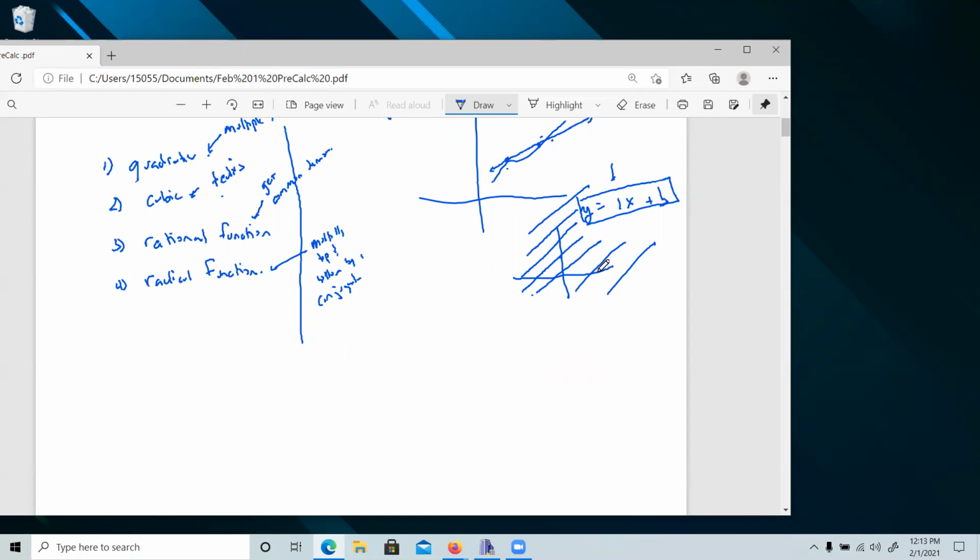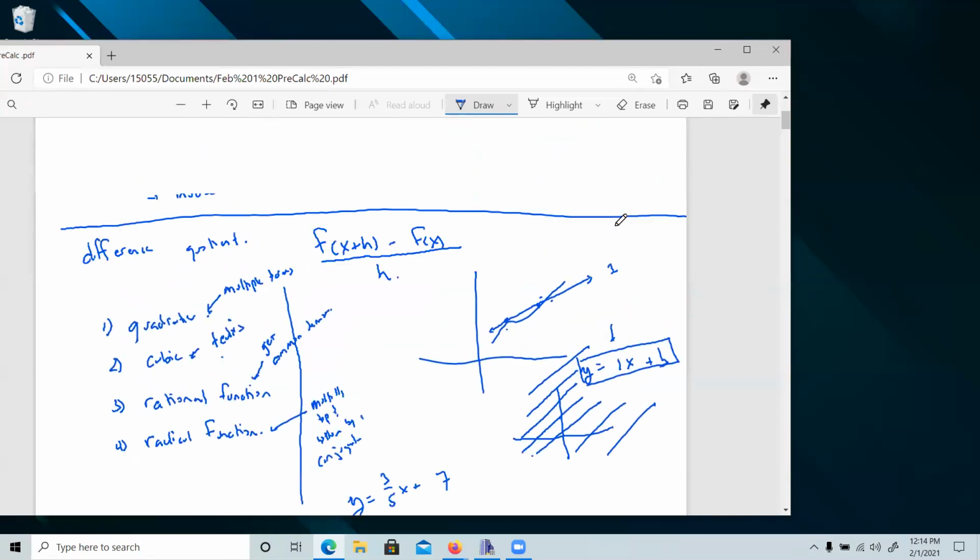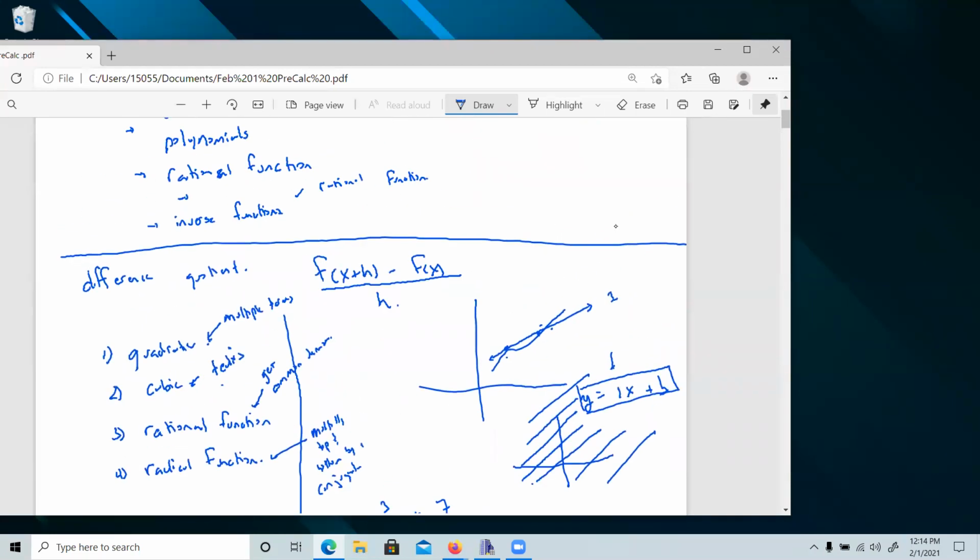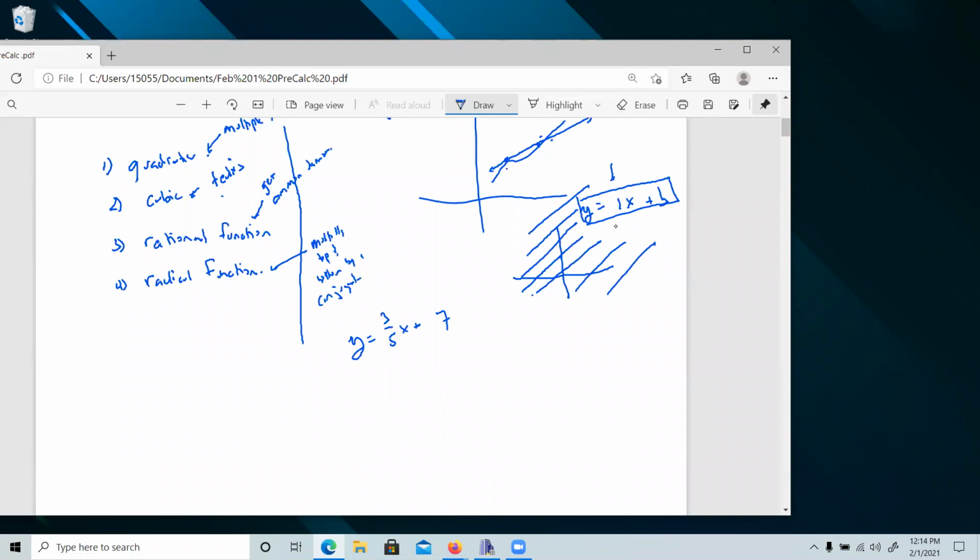So just be careful. If you end up with a constant, the only functions that have a constant slope are lines. It's possible, right? We could give you 3/5 x plus 7 and ask you what the slope is. But you don't have to go through all of this to get the slope. All you have to do is look at it and say, oh, look, the slope is 3/5.